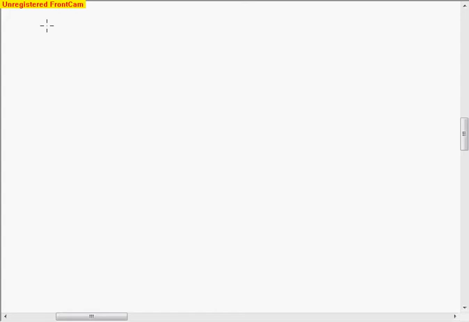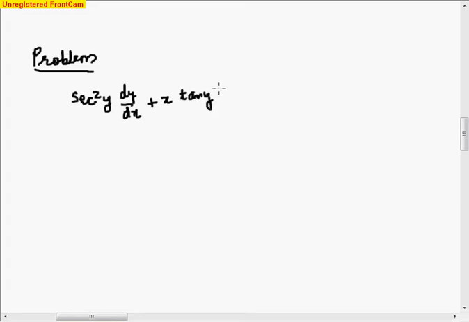Secant square y dy by dx plus x tan y is equal to x cube.